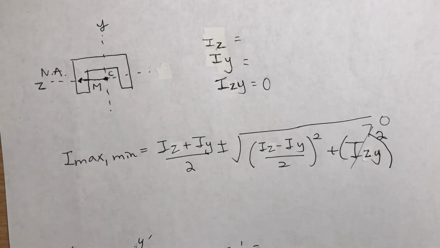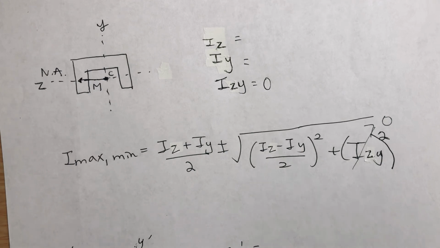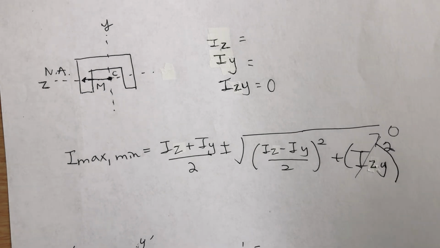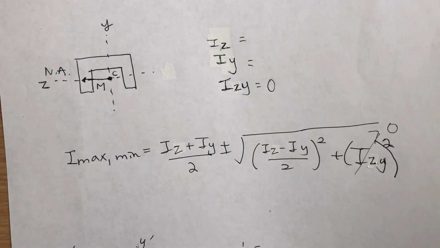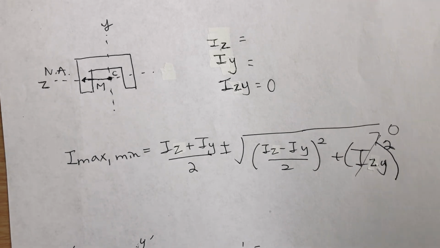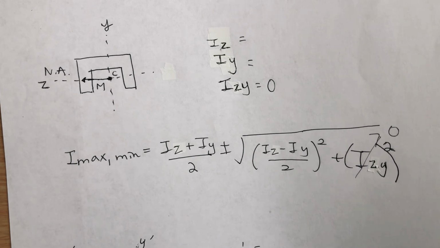Let's turn to the next slide, slide 14. It's a summary of the concepts that we learned. First point, if at least one of the axes is a line of symmetry, you know immediately that that coordinate axis system is the principal centroidal axis.